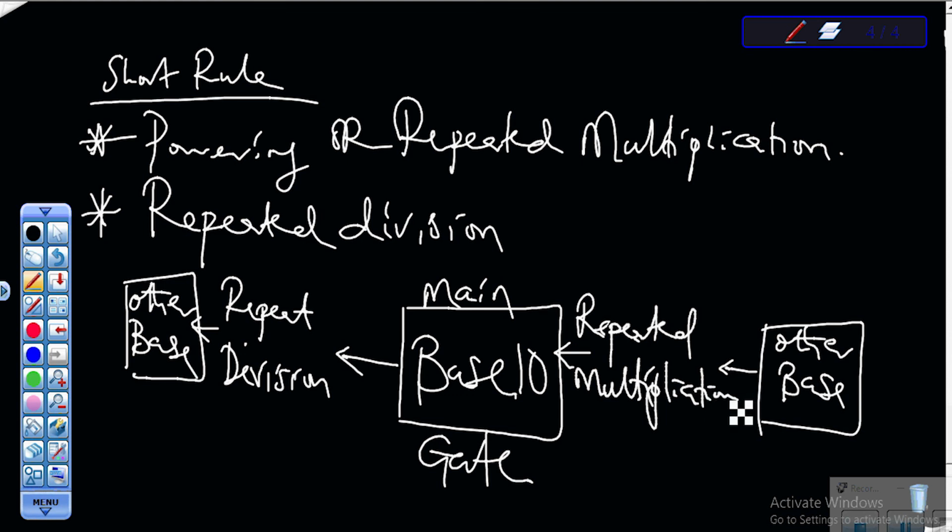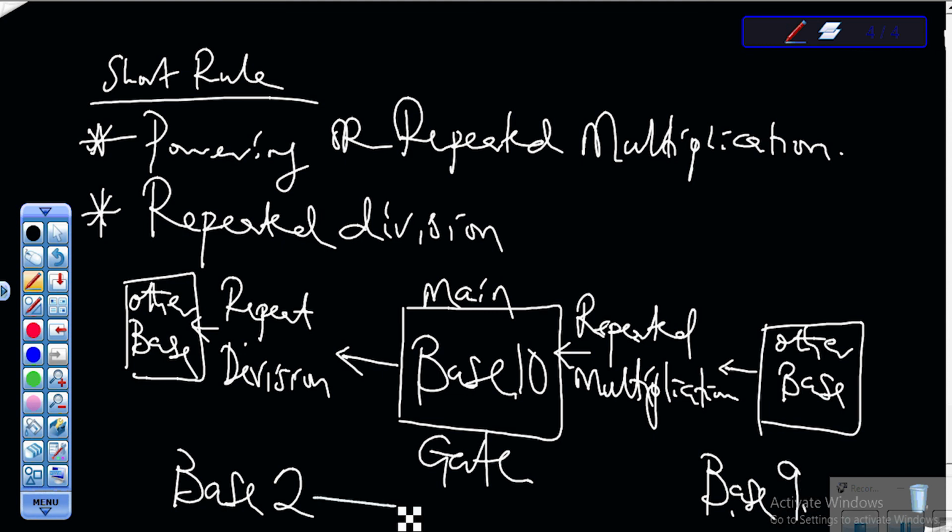Maybe this chart will help you out. The main gate is the number in base 10. Let's say for example I'm trying to go from base 2 to base 9. There's no way you can go directly from base 2 to base 9.